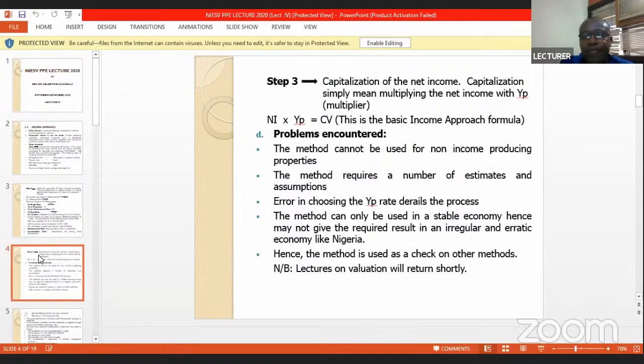Number three, any error in choosing YP derails the process. The method can only be used in a stable economy.